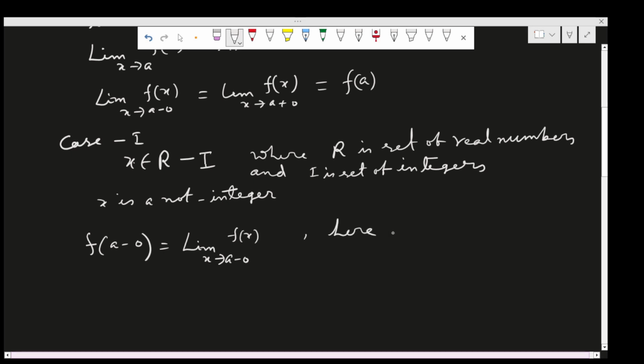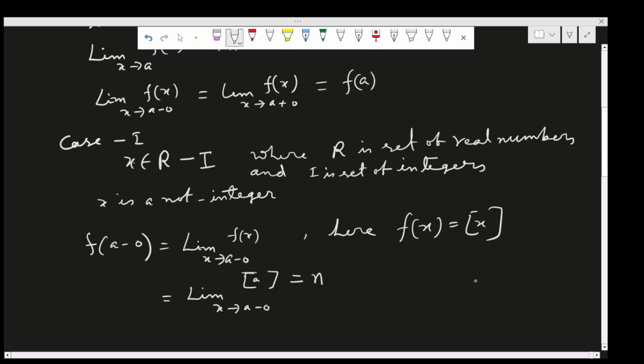Here f(x) is equal to box x or greatest integer function. So after putting the values, limit x tends to a minus 0, box x, that is equal to, let n.